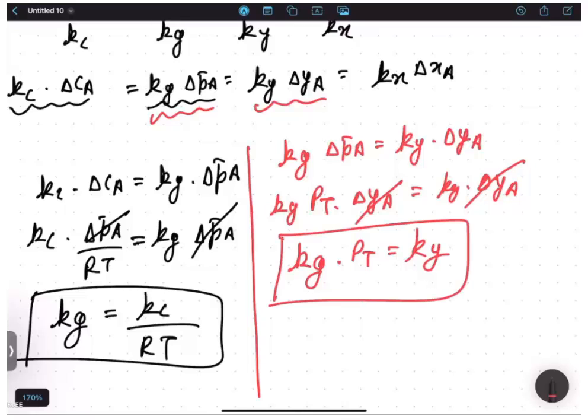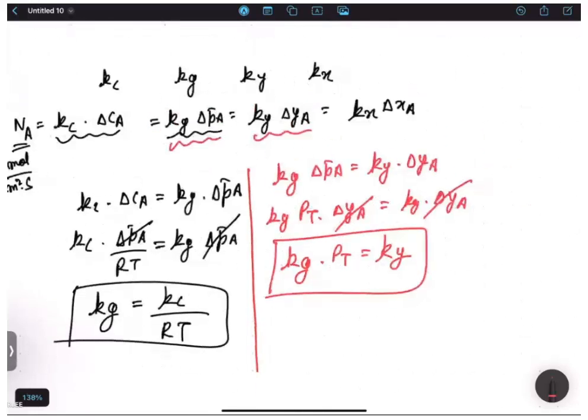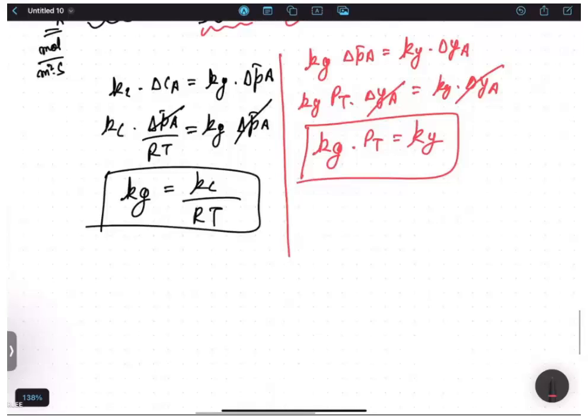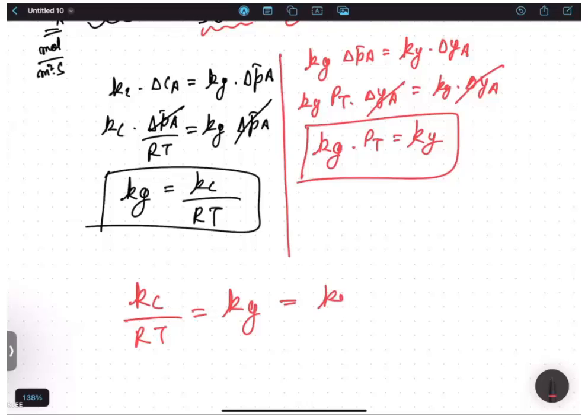So you got this relation also. Okay. Now just try to remember one single equation. That is your Kc by RT is equal to your Kg, and this Kg is also equal to your Ky by total pressure. Okay, because from here your Kg will be equal to Ky by total pressure.